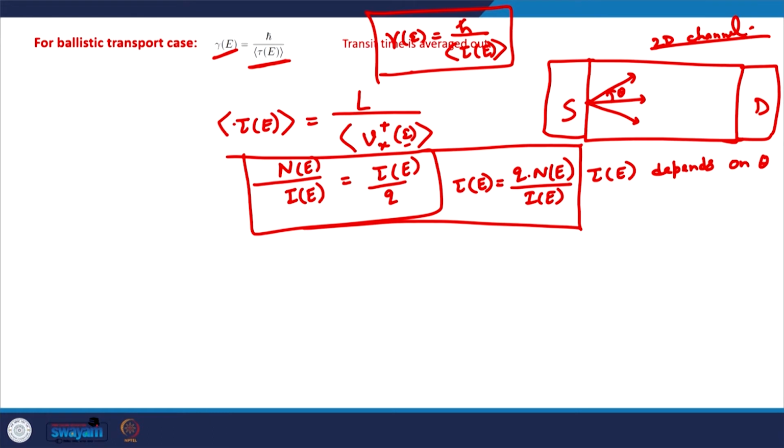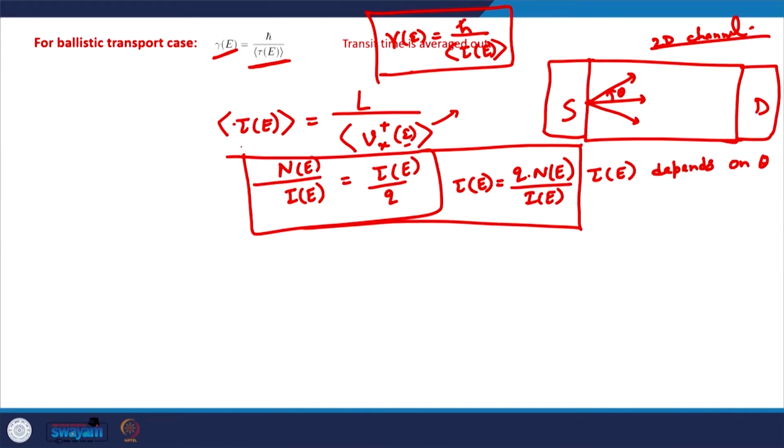But now in the case of diffusive transport, this thing does not hold actually, because now not all the electrons are reaching the drain side, electrons are continuously scattering in the middle, and the angle is changing. So, we cannot find out tau e this way, but we will make use of this expression in order to find out the tau time for diffusive transport case.